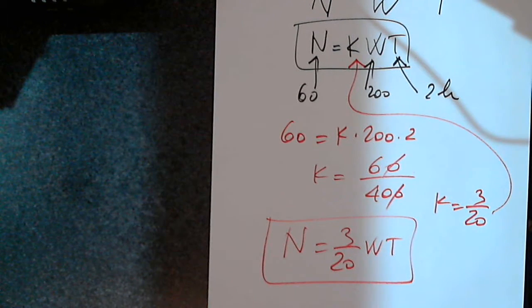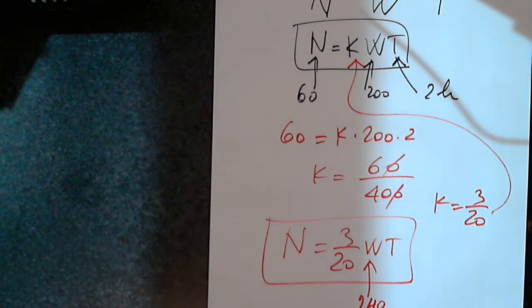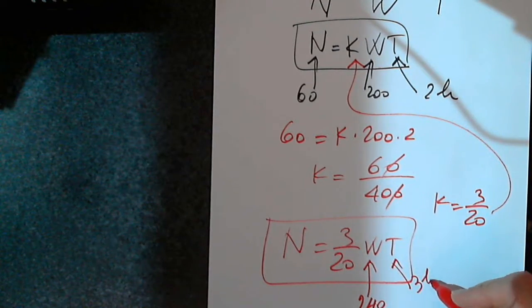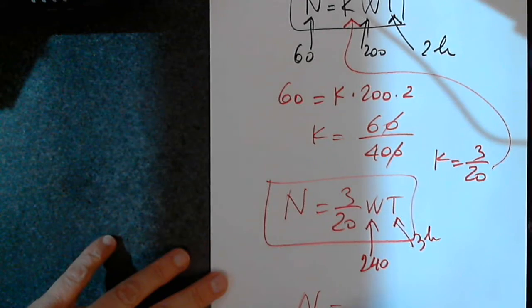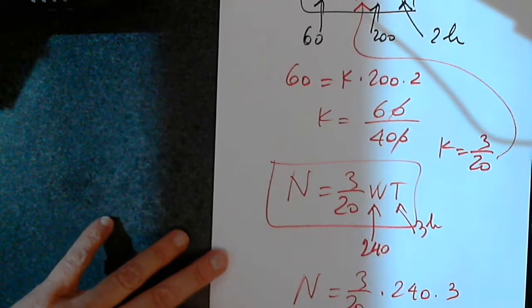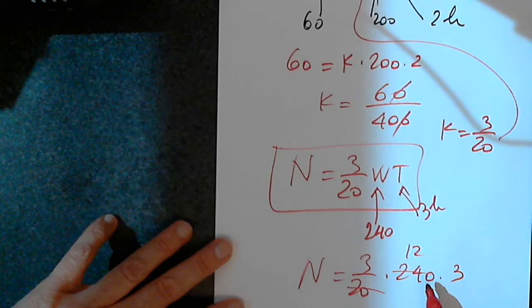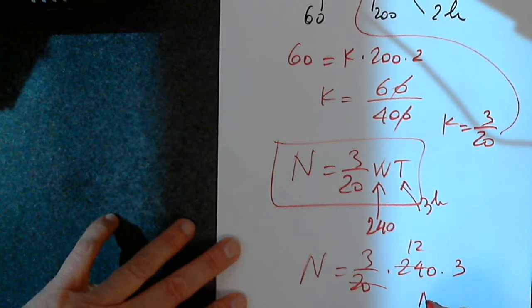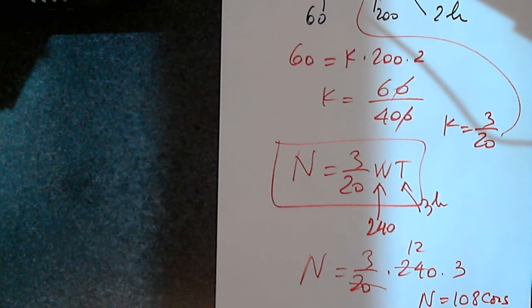How many cars should 240 workers be able to make in 3 hours? Therefore N equals 3 over 20 times 240 times 3. Simplify by 20 and I get 12. So say it again. Okay, very good. 108 cars. Any questions?